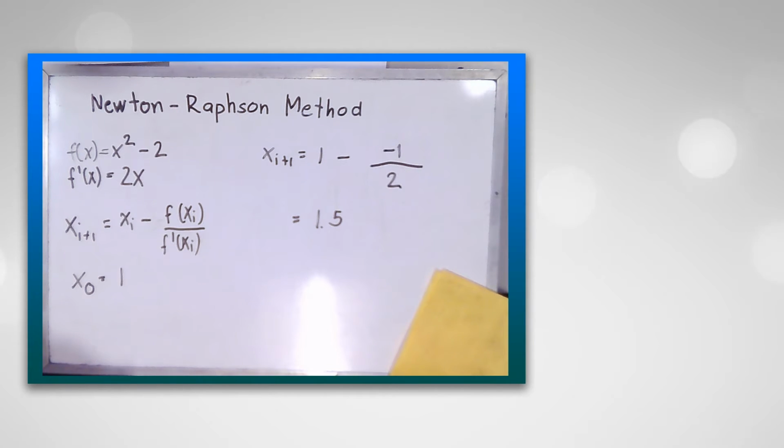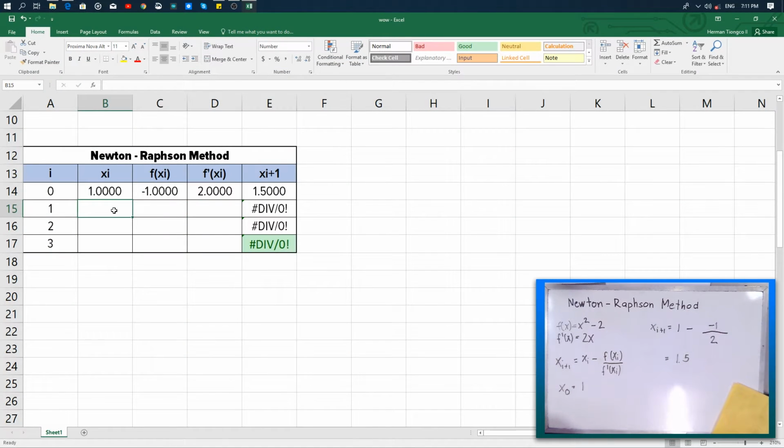So the x sub i plus 1 will be our new x sub i. Simply copy that here, 1.5.